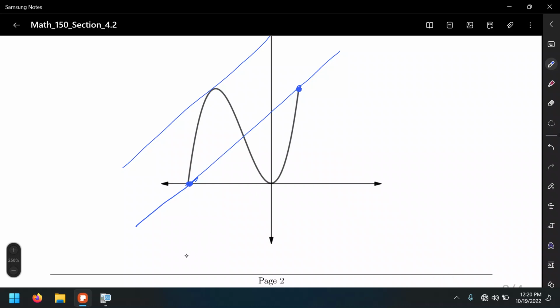There's another possibility though. What about this one? Does that line contain or has the same steepness as the secant line? So this is A, this is B. Let's call this C1 and let's call this C2, because there's more than one possibility. In some cases we may run into this situation, more than one possibility.